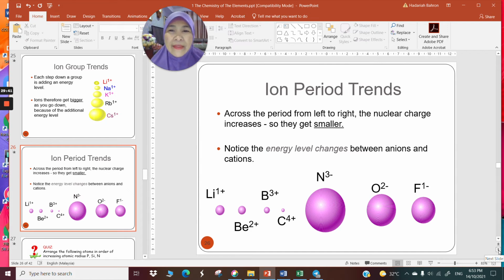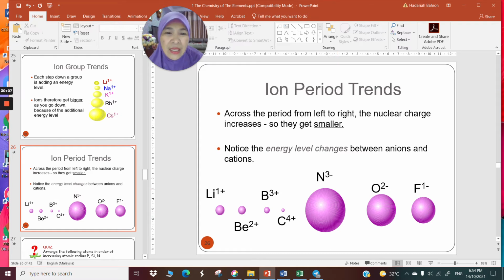Now, the trend of ions across a period. Across the period from left to right, the nuclear charge increases. So similarly, just like when we talk about the atomic radius, when we talk about anions and cations, it's still the same.